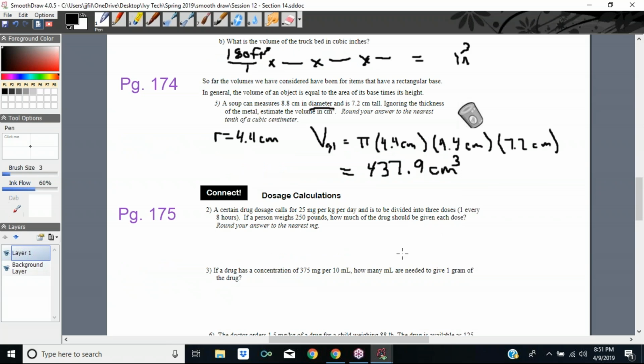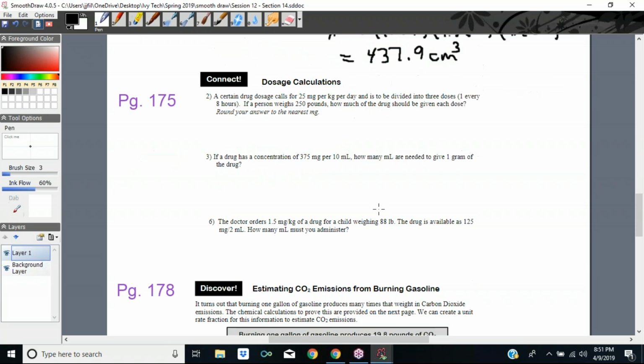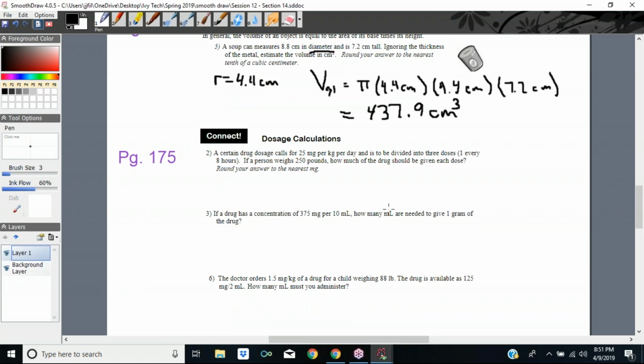Okay. So I wanted to make sure we saw these dosage calculations because these are going to be part of your assignment, and then also the CO2 emissions problems. Okay, so let's see. Number 2 deals with a lot of conversions here. So it says a certain drug dosage calls for 25 milligrams per kilogram per day.